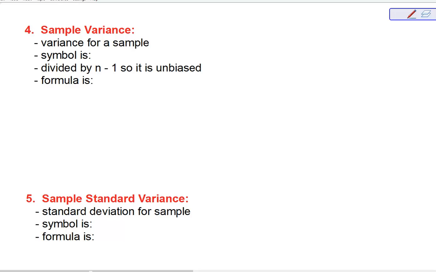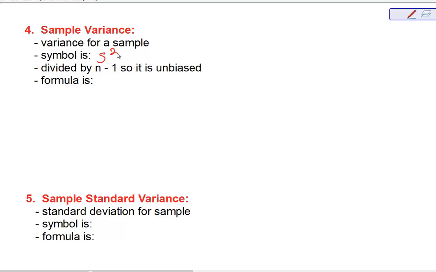For a sample, the symbol for the variance is s squared. Recall back when we were talking about the mean and everything, we looked at the mean of the population as being a Greek letter and the mean of a sample being an alphanumeric letter.